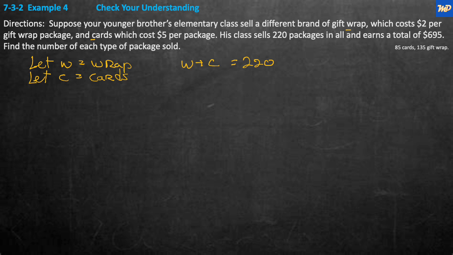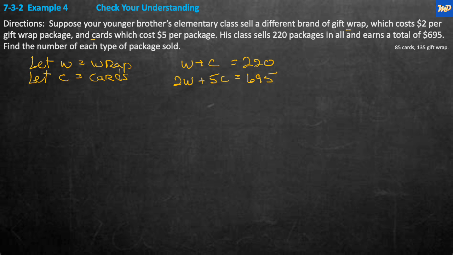And we also know that the wrap packages are $2 per package, plus $5 per card package, and that's going to be equal to 695. So what that's saying is if you take 2 times every one of the gift wrap packages you sold, plus 5 times every one of the greeting card packages, and add that together, you're going to get $695.